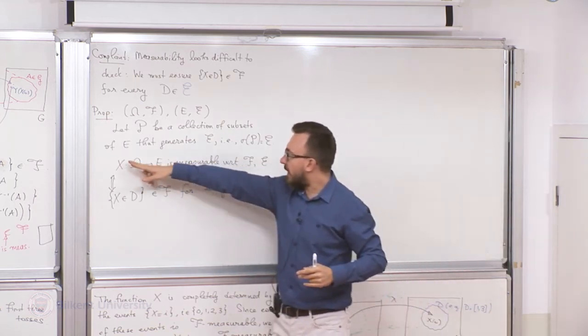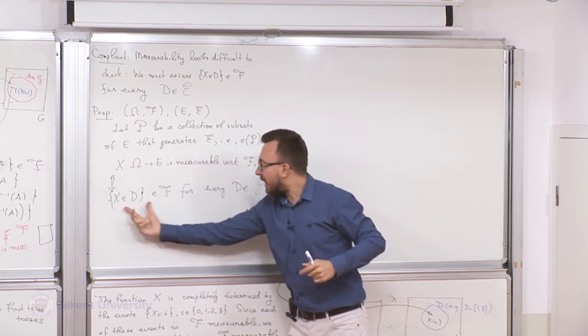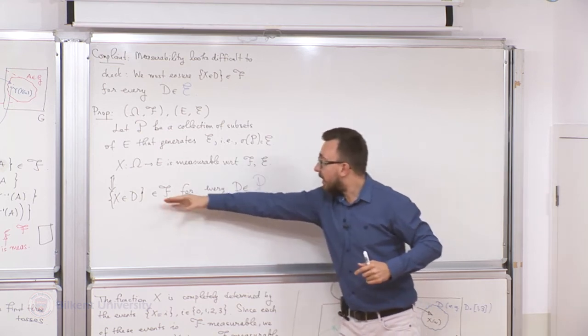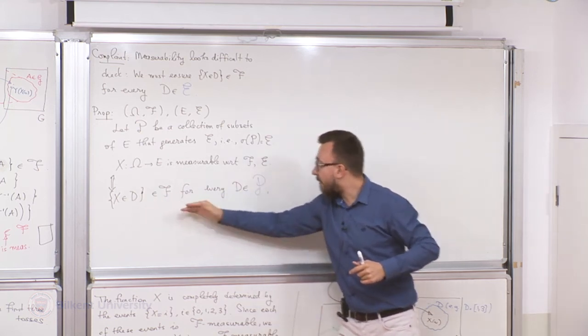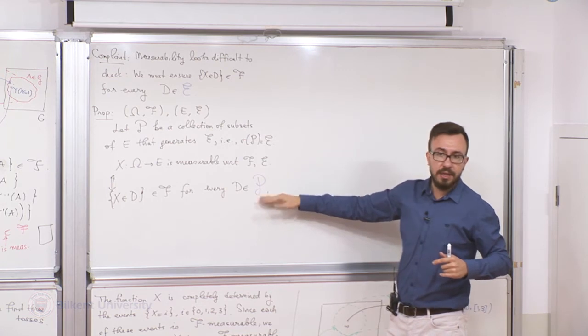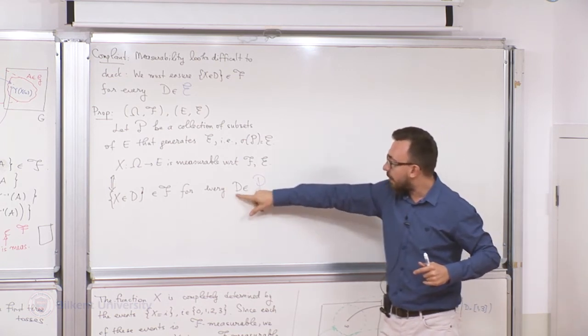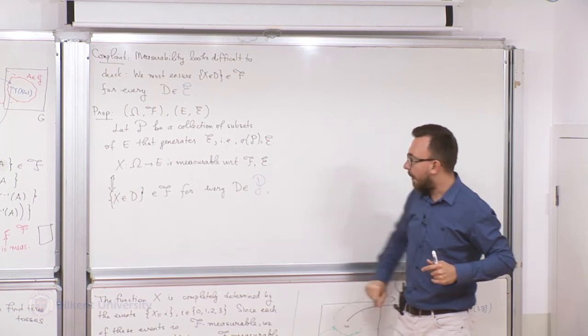The first one is saying this event is in F for every D in script E. This is saying {X is in D} is in F for every D in script P. So the only difference is the places where we look for those sets D.